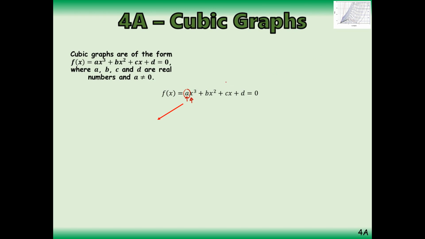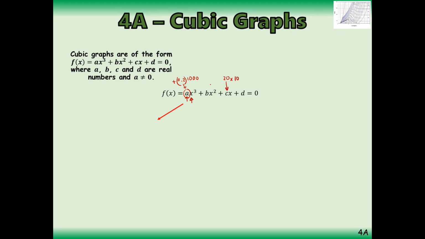For example, if x is 10, then 10 cubed will be 1,000. So 0.2 times 1,000 here, even though it might be a small value, is much more significant than, let's say, 20 here that would have been multiplied by 10.